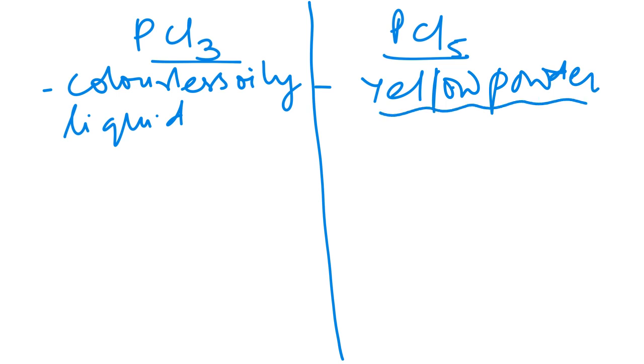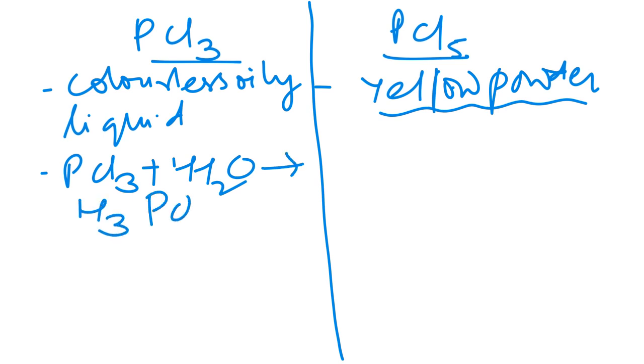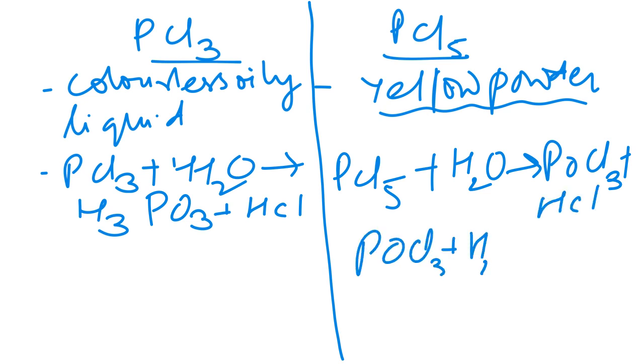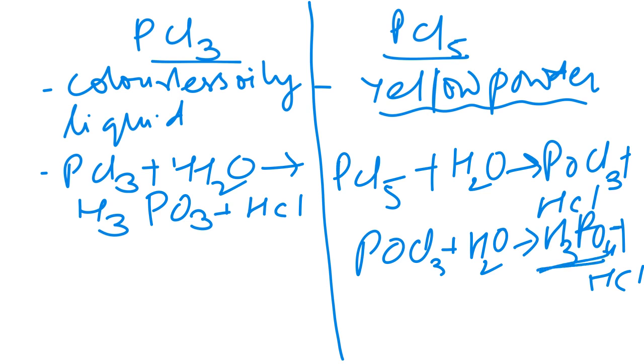Now PCl3, when it comes in contact with water, it forms H3PO3 plus HCl, whereas PCl5 reacts with H2O and forms POCl3 and HCl, and further POCl3 reacts with water and forms H3PO4. So that is the only difference, that here you get H3PO4, here you will get H3PO3.